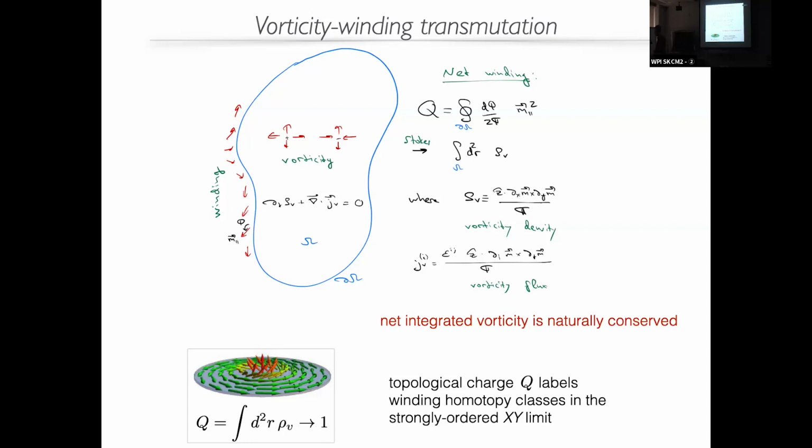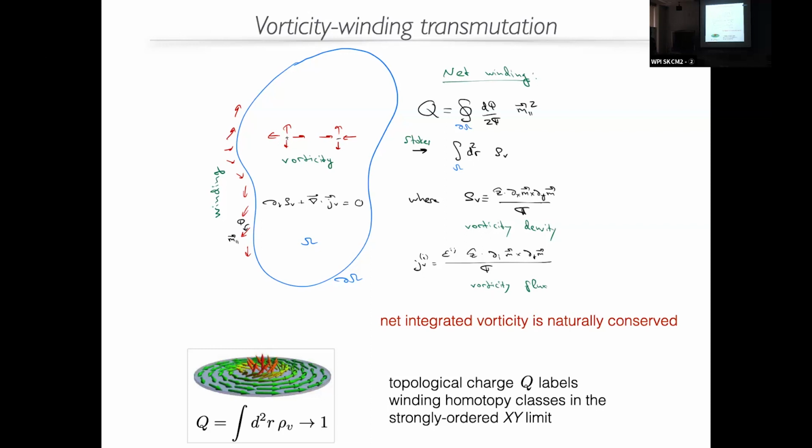But it turns out, even far away from a strongly ordered, strongly easy-plane configuration, the notion of vorticity and vorticity-winding interconversion, transmutation, are very much relevant and strictly governed by this bulk-boundary correspondence. So even in a strongly fluctuating system, there's a strict correspondence between net winding on the boundary defined in this fashion and the net amount of vorticity, not quantized for a fluctuating system, defined in terms of the vorticity density.